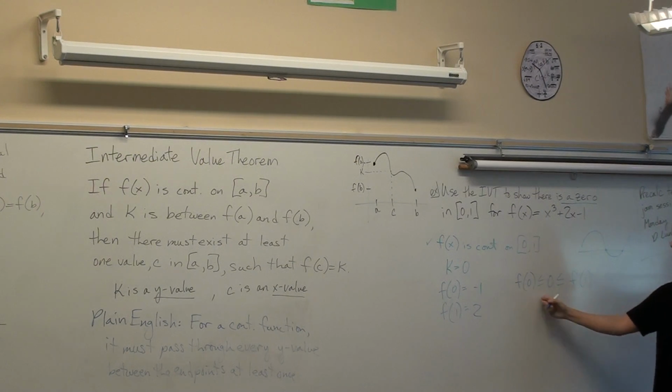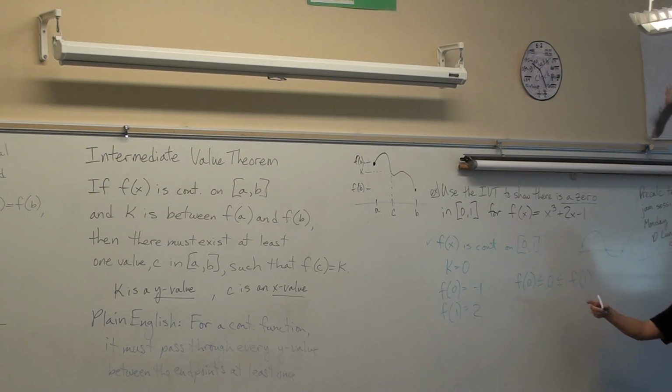Or you can just write 0 is in between f of 0 and f of 1, because they can go high to low, they don't have to go low to high. But you checked that it's in between. So, check, check, two checks.